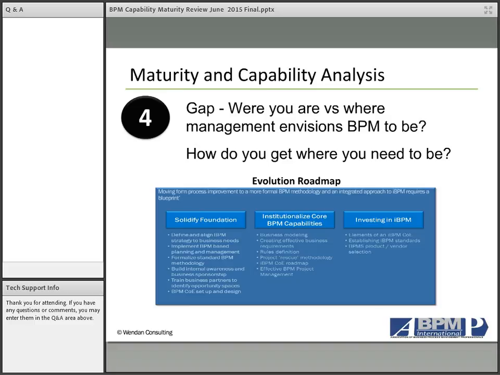So the roadmap allows you then to define how you want to get there. It allows you to put together an investment plan, because the roadmap will then say, here's, from a training perspective, here's what we're going to do, why we're going to do it, and what we're going to get out of it. From a technology perspective, the same thing.